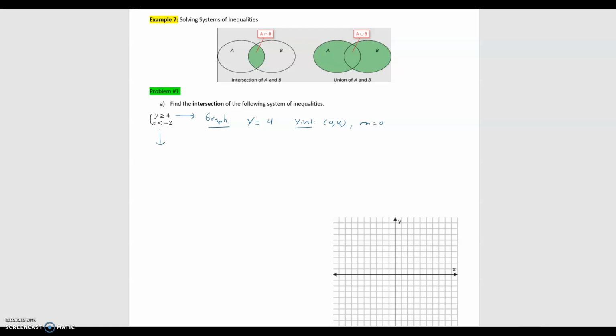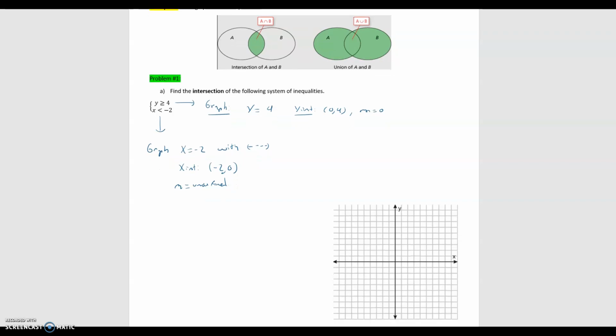The second one, we're going to graph x is equal to -2 with a dotted line. The x-intercept is going to be (-2, 0), and technically this slope is undefined, which means we have a vertical line. So let me graph those two, and then I'll do the shortcut for the testing of the points.